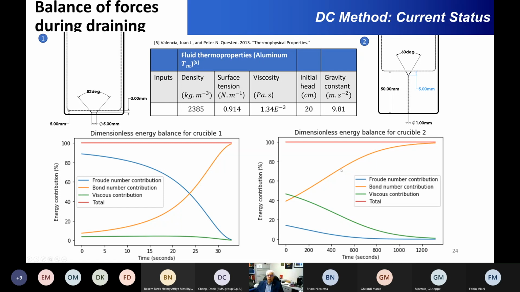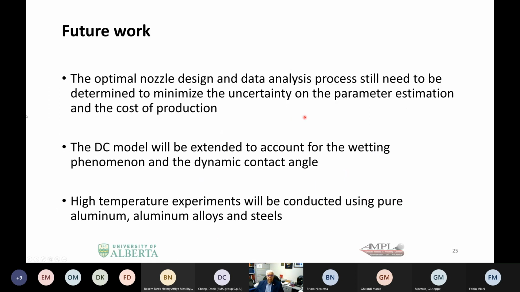So currently, we're looking at developing a model for accounting for wetting. Hopefully, we can get a contact angle in addition to what we've been getting so far. And we're looking at optimizing the orifice design. So for our future work, as I said, we're looking at optimizing nozzle design and optimum data analysis to reduce error.